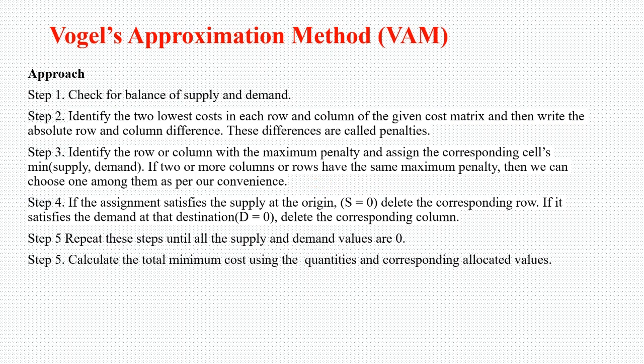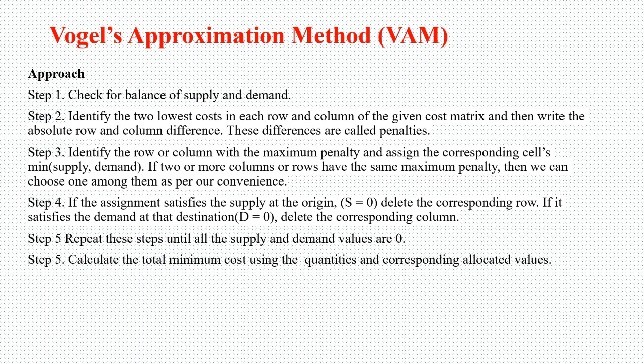Step 3. Identify the row or column with the maximum penalty and assign the corresponding cell's minimum supply and demand. If two or more columns or rows have the same maximum penalty, then we can choose one among them as per our convenience. Step 4. If the assignment satisfies the supply at the origin, S is equal to 0, delete the corresponding row.